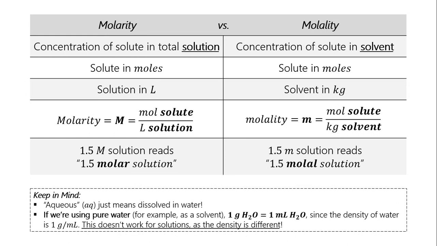But for other solutions, like using ammonia as the solvent, or for a solution that's already been made, like salt water, or a mixture of rubbing alcohol, like 70%, we can't just assume that 1 gram is the same as 1 milliliter, because in a solution you have other stuff in there that's going to change that density.